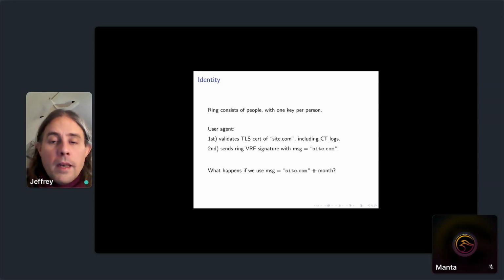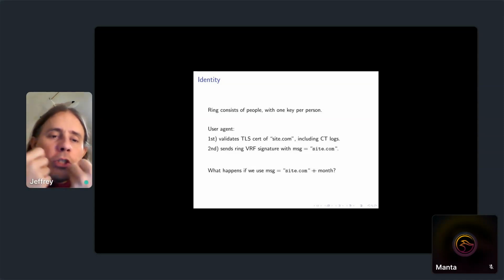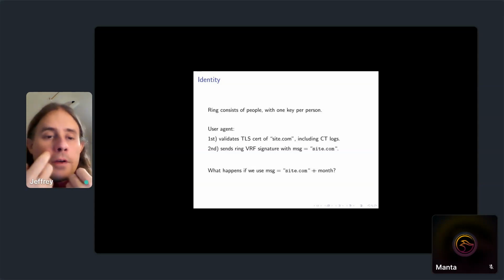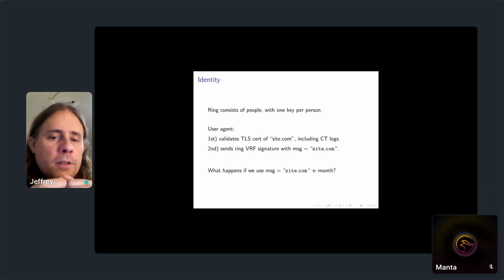Okay. Now, there's other things you can do with this. As you start to play with changing this input to the VRF, then you can come up with other strategies. So for example, if it's site plus the month, then you have an identity that changes each month, which probably you don't want.